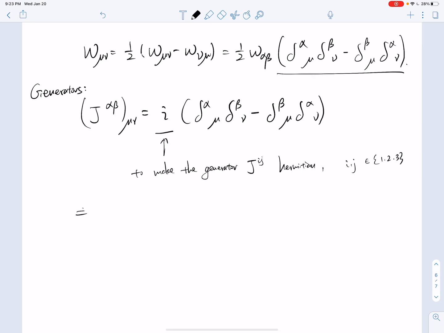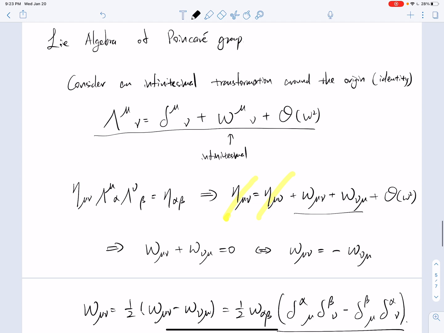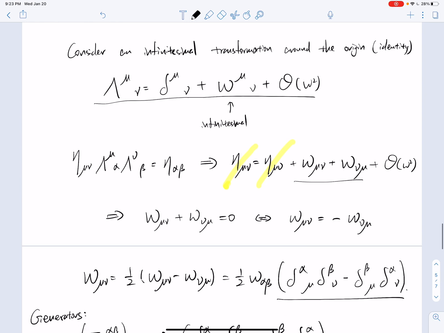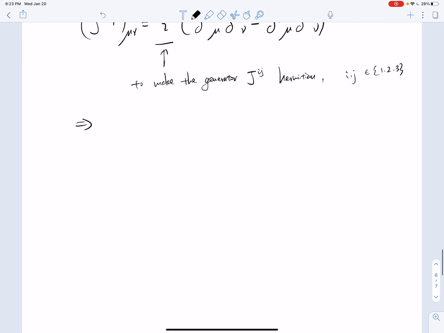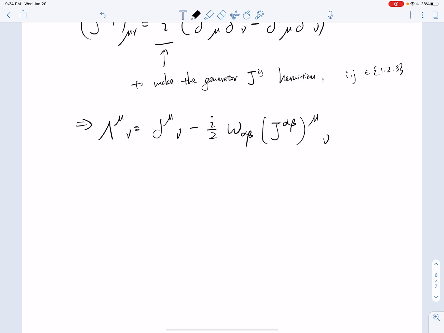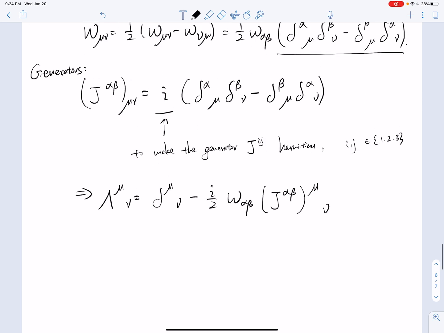So if we plug back into our original infinitesimal transformation, this gives us the identity is still the identity, and we have this omega here, and our generator J mu nu.